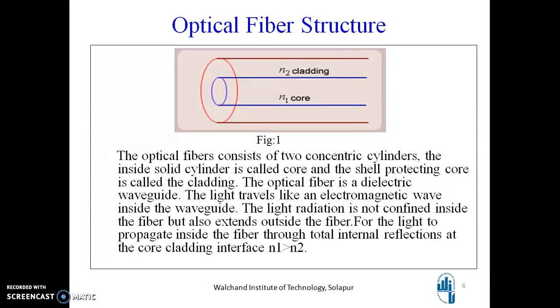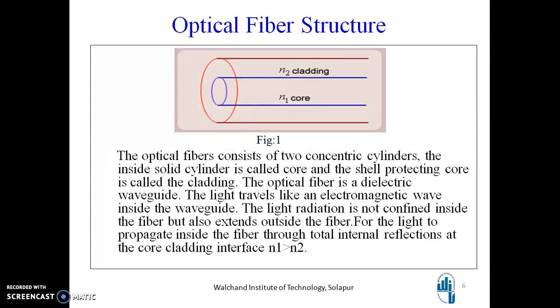The optical fiber is basically a dielectric waveguide, and here the light travels like an electromagnetic wave. The light radiation is not confined inside the fiber but also extends outside the fiber.